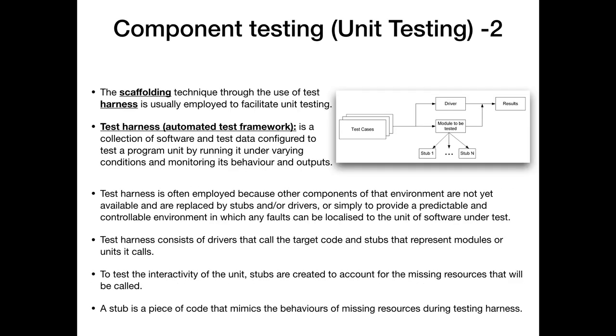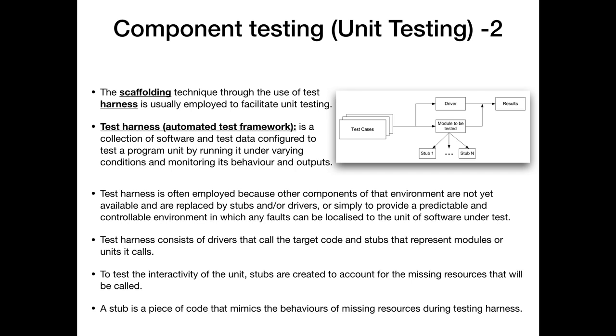Now, as we said before in the previous slide, we have this stub. You can see this graph. We call this scaffolding. The scaffolding technique is the use of a test harness. The test harness is usually implemented to facilitate unit testing.